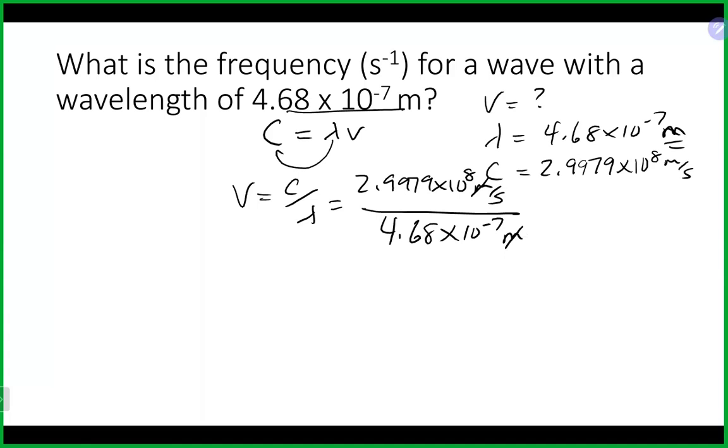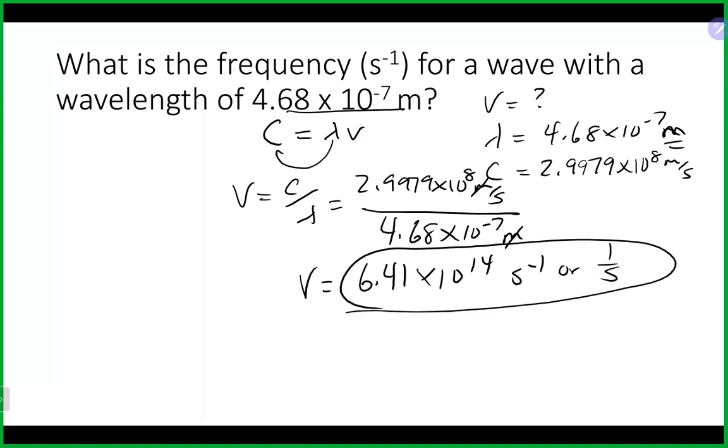Make sure you use your exponent button. 4.68 to the negative 7. Going to give us here a frequency of 6.41 times 10 to the 14. The units here are reciprocal seconds, which you could write like that, or you could write the units as 1 over seconds, which, by the way, is the same thing as a hertz.